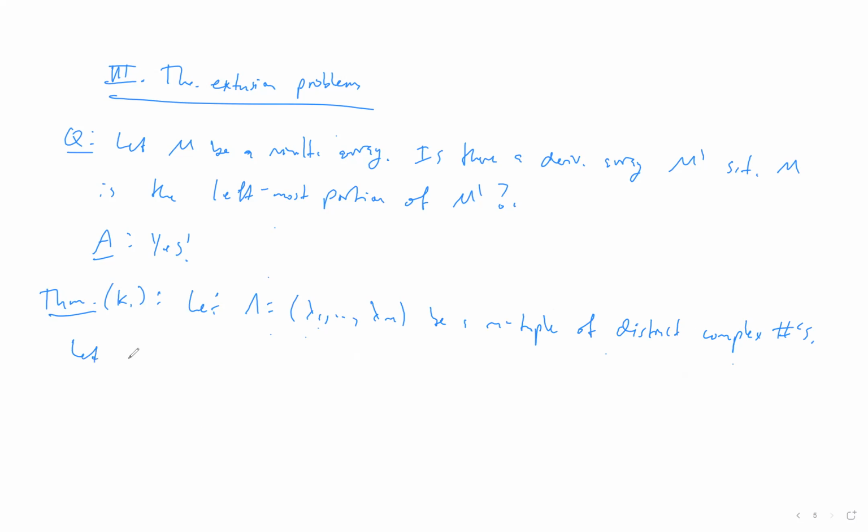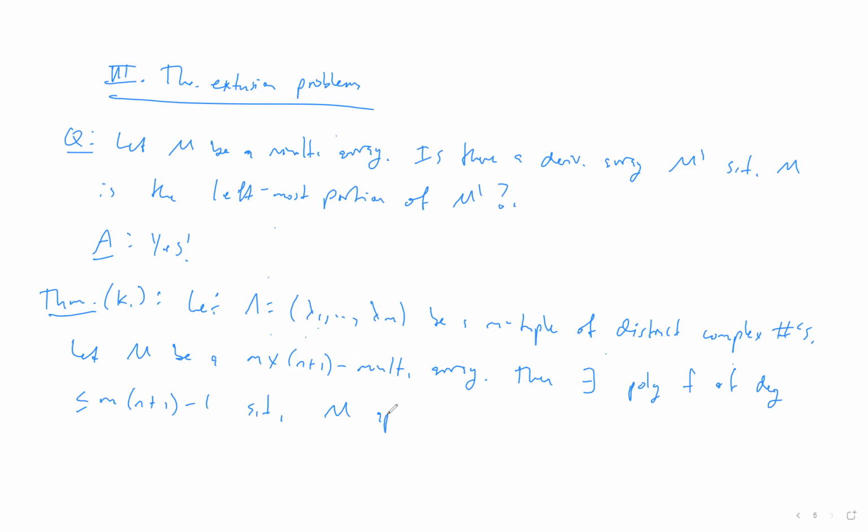So let M be an m by n plus 1 multiplicity array. Then there is a polynomial f of degree at most m times n plus 1 minus 1, such that M appears as the leftmost portion of M_f of lambda.